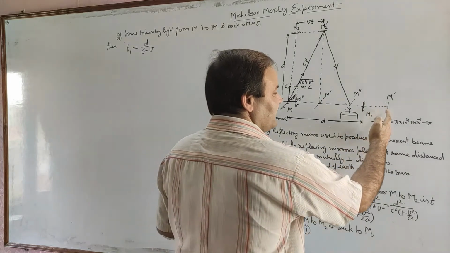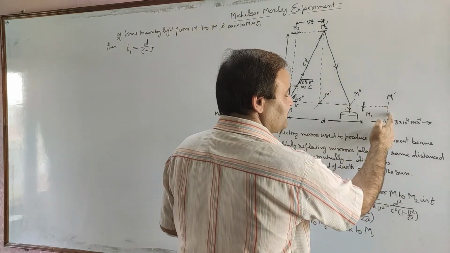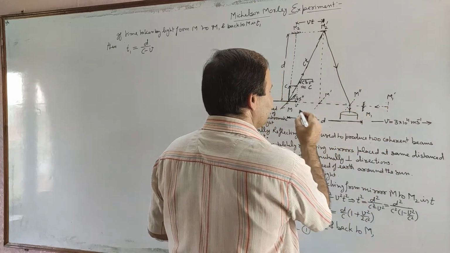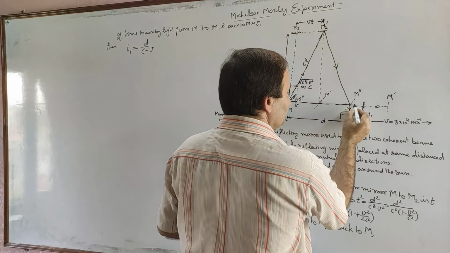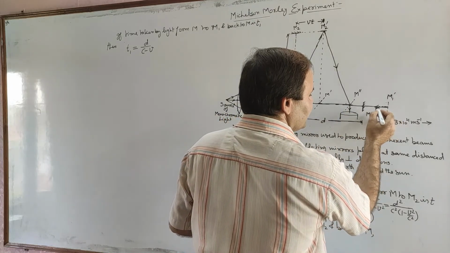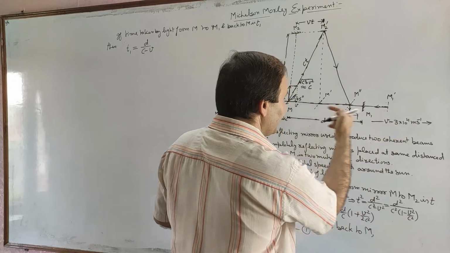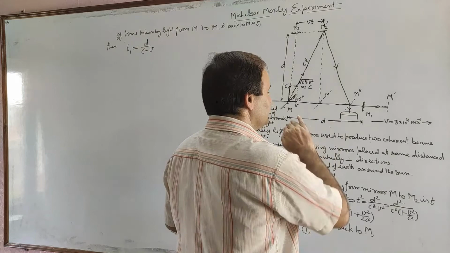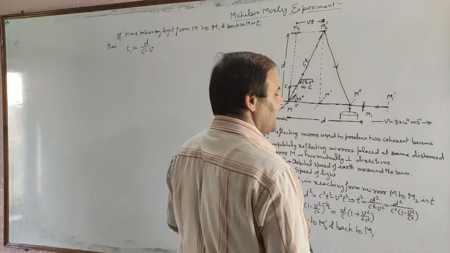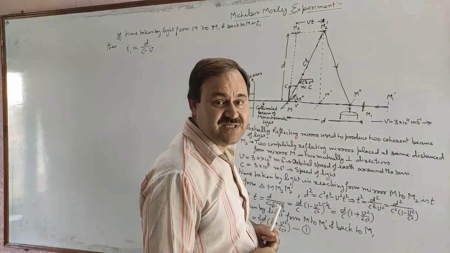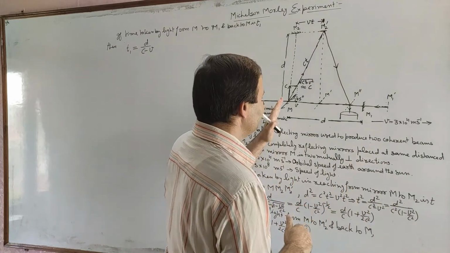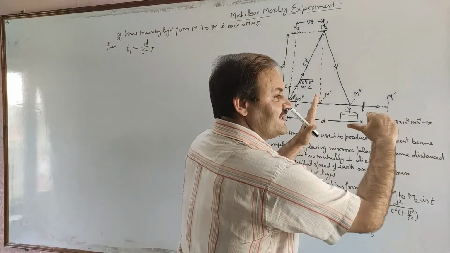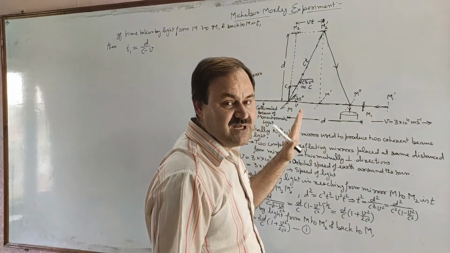Say after reflection from M at the position M1 dash, the light will be bounced back, and this bounce back light now will approach mirror M, and this light will approach mirror M with speed C plus V, because this time mirror M will be moving with Earth towards the light, and light will be approaching the mirror.